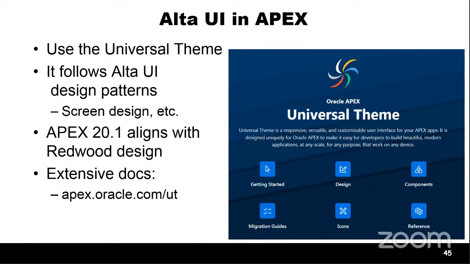And if you're going to Apex 20.1, that aligns with the Redwood design. So the Chrome, the screens will look more like Redwood, which, there's nothing wrong with that, but it'll incorporate those designs. So maybe that's the way that we figure out what Redwood's all about, is to create an Apex 20.1 app.